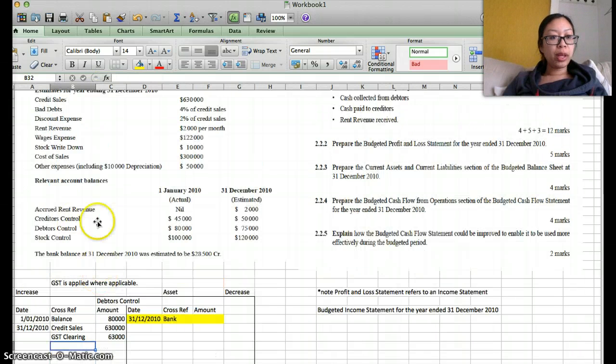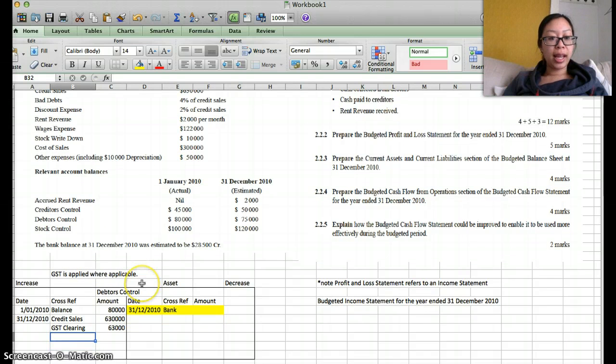Okay, what else have we got? Bad debts. Bad debts are debts that we can't get anymore, so that would decrease debtors. 4% of credit sales, so we go equals 0.04 times the credit sales. That's that much. Discount expense is the discount we give to customers so they don't have to pay that much.